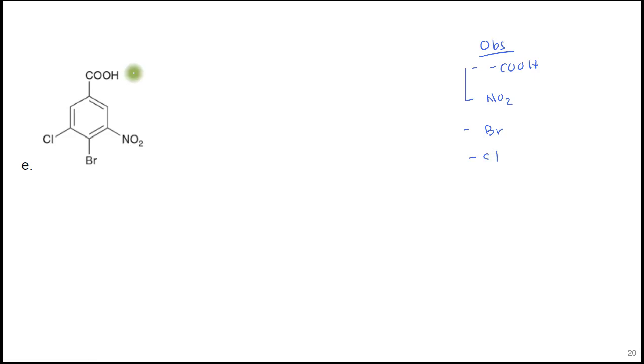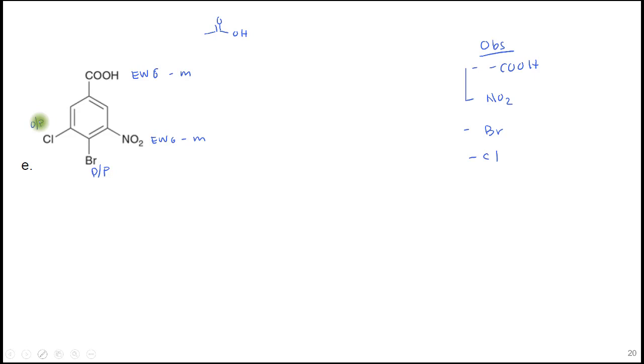A carboxylic acid, or COOH, is the same thing as this. This is electron withdrawing, and it is a meta director. A nitro group is electron withdrawing, a meta director. Bromine is an ortho para director, as is the chlorine.